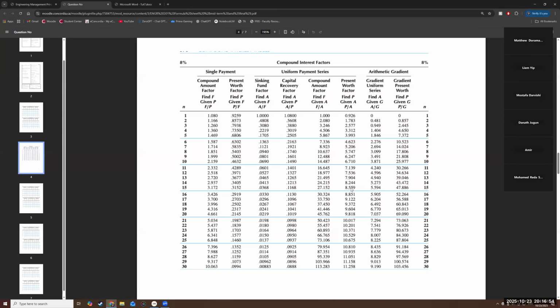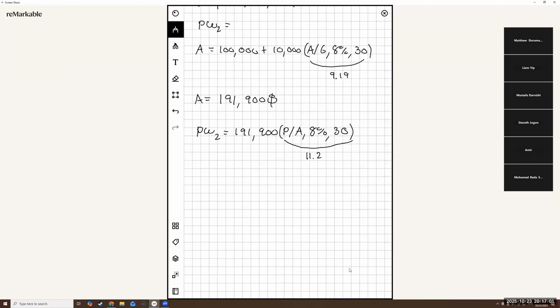P/A for 8%, 30 is 11.258. That gives us a present worth of $2,160,376.